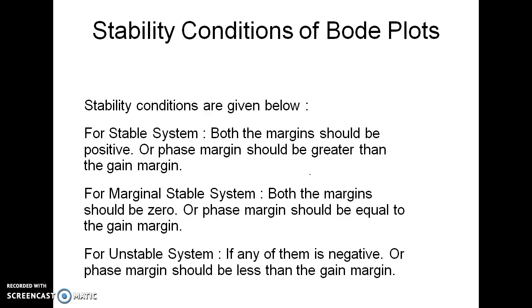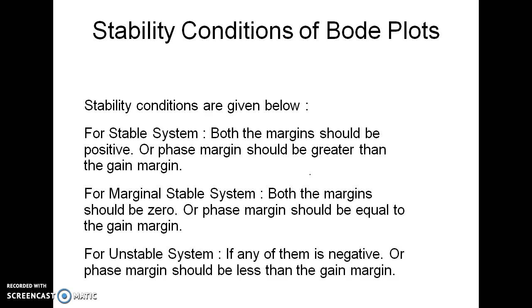So in short, we can state the stability conditions from the Bode plot now. If both the margins are positive, the system is stable, and in this case GCF will be lesser than PCF.